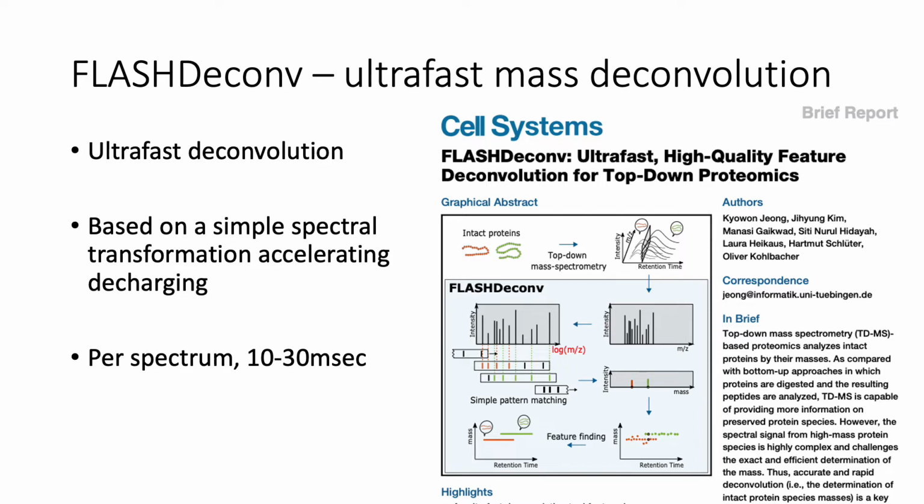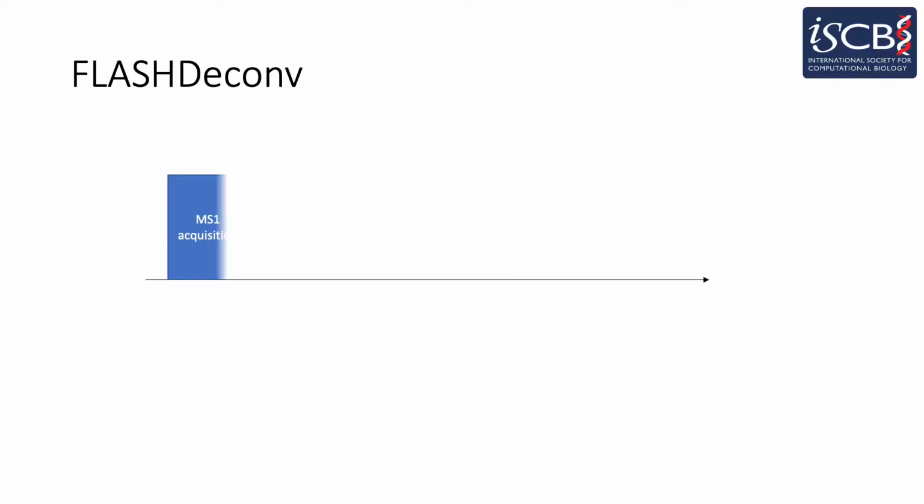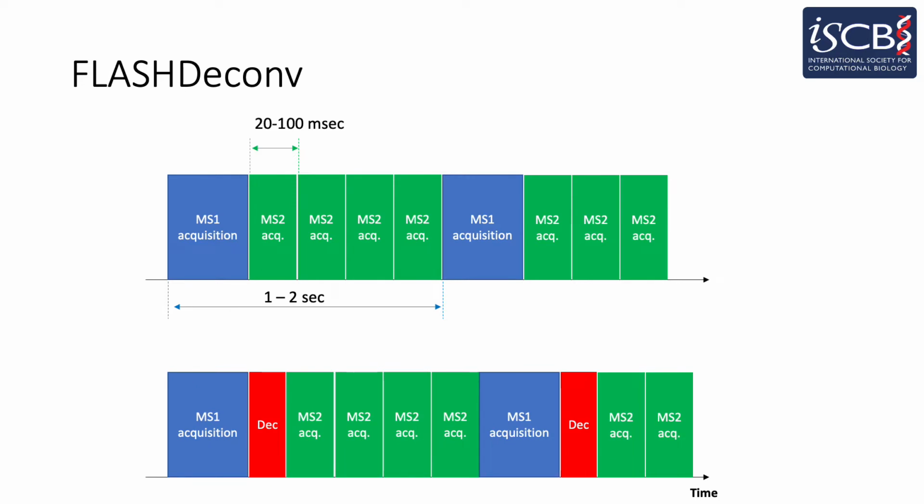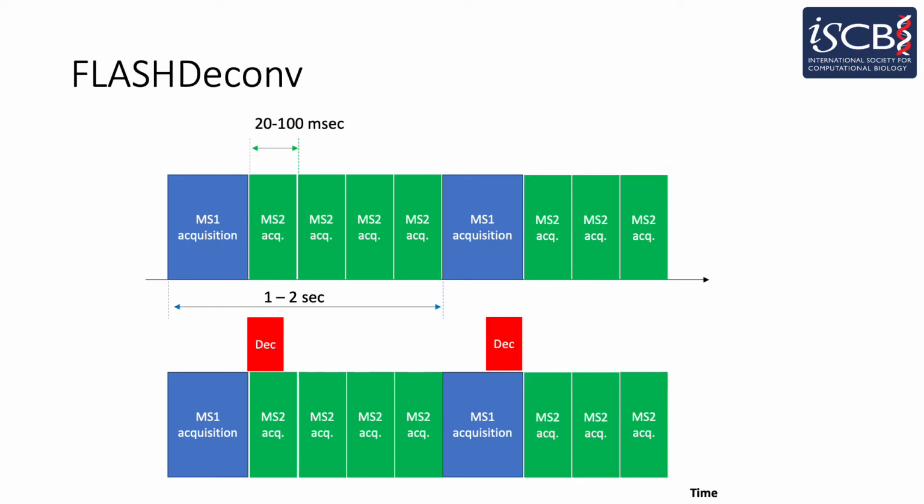The runtime of FLASHDeconv is only a few milliseconds per spectrum, even in complex LC-MS datasets. So with FLASHDeconv, for the usual duty cycle, which has a 1 or 2 second duration, the deconvolution can be plugged in without much penalty in data acquisition. Or even better, it can be done in parallel, controlling the acquisition in the next cycle, removing any possible waste in the acquisition.